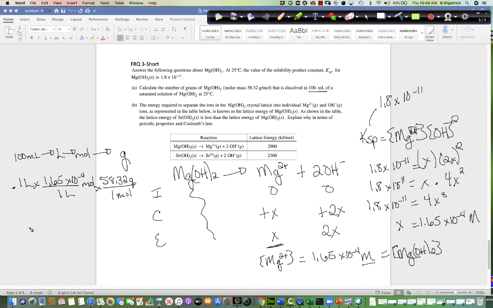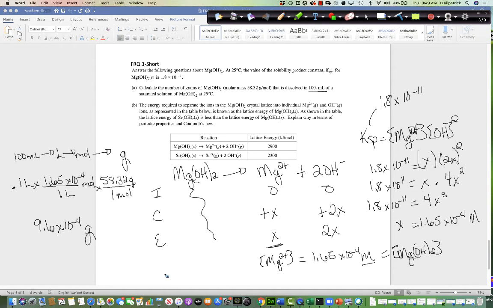When you get this, you're going to get 9.6 times 10 to the negative fourth grams, and I am going to have two significant figures here. You get 2 points for this.